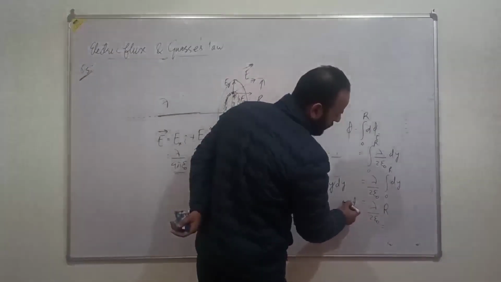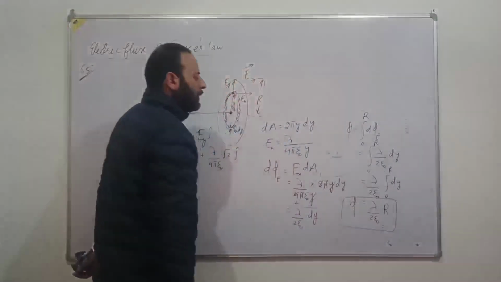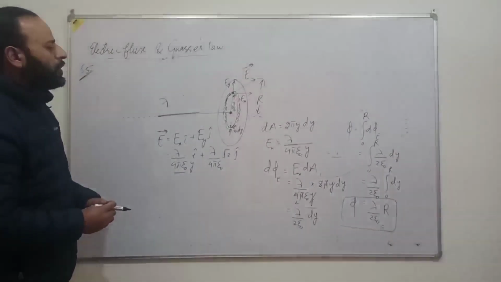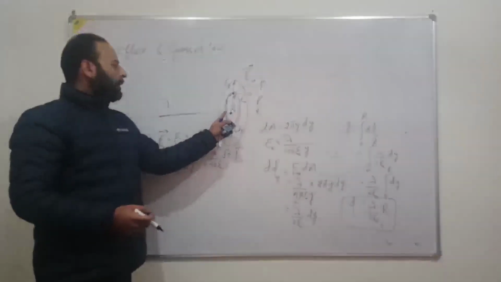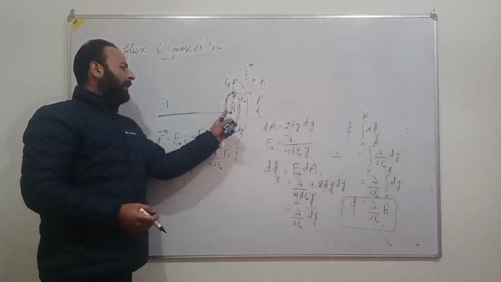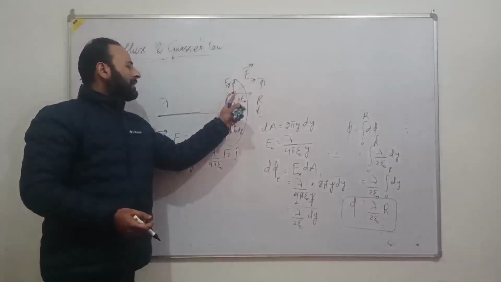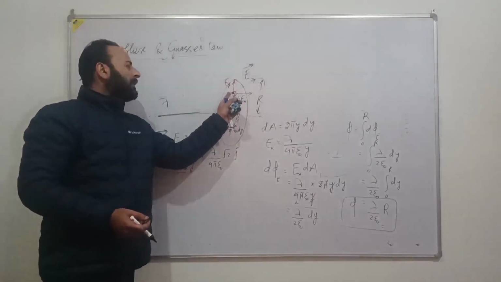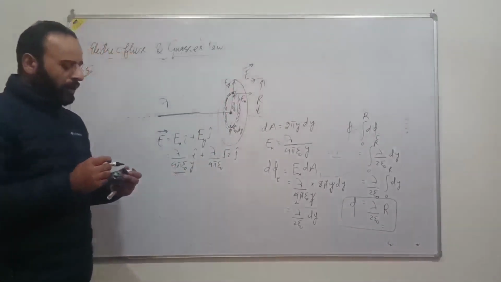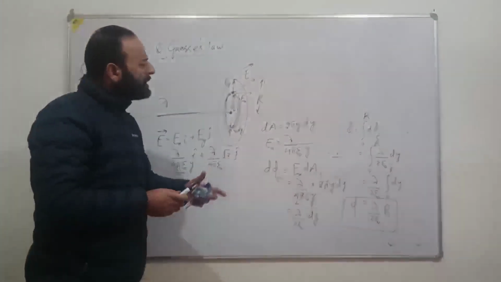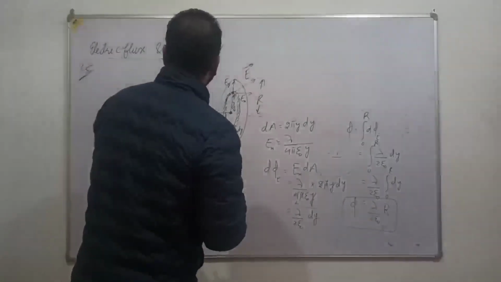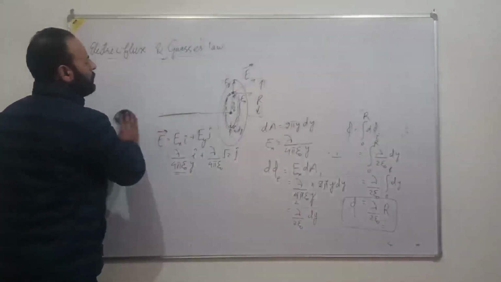So this is the flux due to a linear charge distribution of semi-infinite length, or we can say the disk lies at one end of this semi-infinite linear charge distribution.